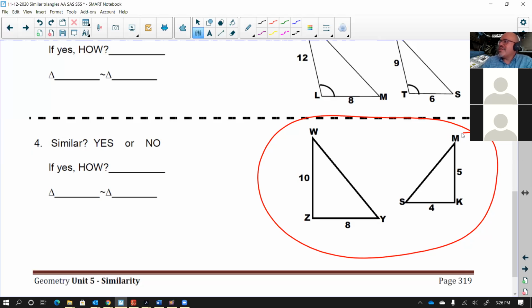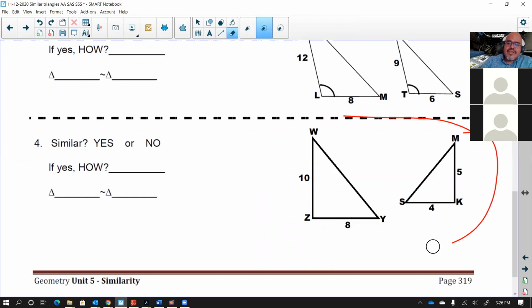But are you told directly that these are right triangles? This is a dangerous thing inside geometry. They probably did that because of being jerks. I'm going to tell you this right now. Being in geometry a long time, I've been a jerk, and I've done this before, but they look like right triangles.